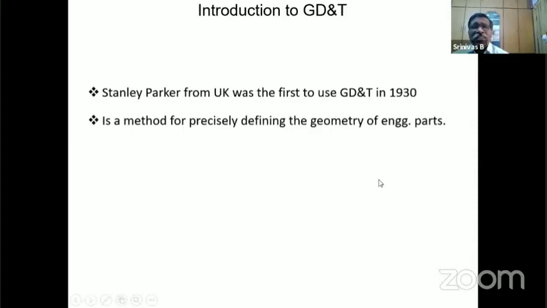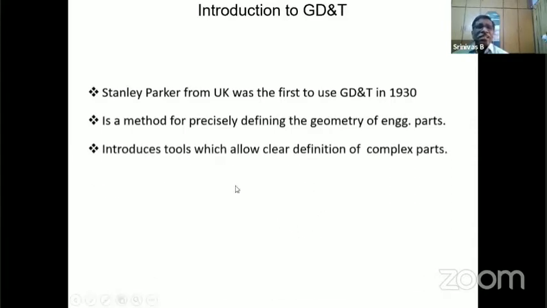It introduces tools which allow clear-cut definition of simple parts, complex parts, any part. GD&T offers symbology, concepts, rules, and tools which allow the designer to define the part in a crystal clear manner.